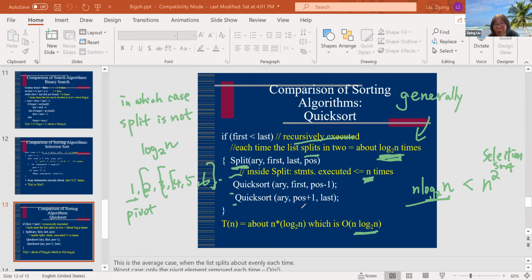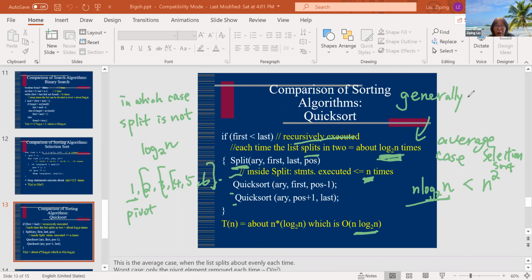Or the reverse order. In that case, quick sort is not going to have log 2n. So n log 2n is just the average case. So we need to be careful.